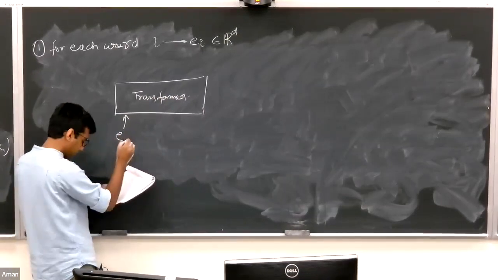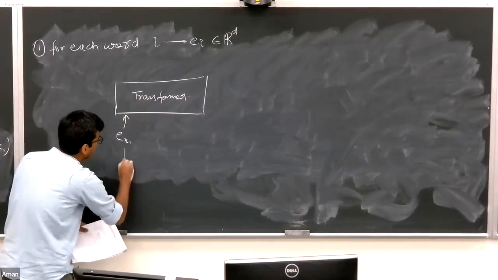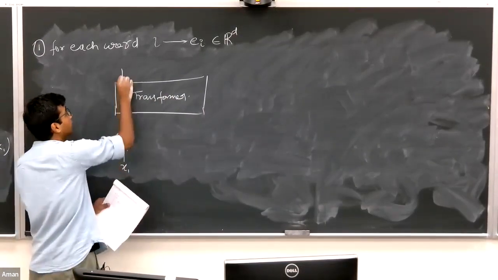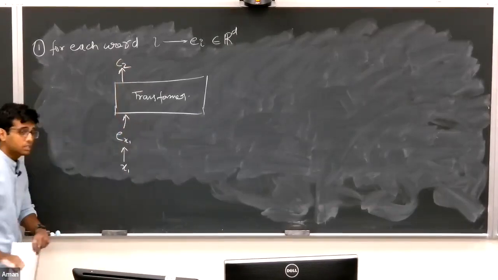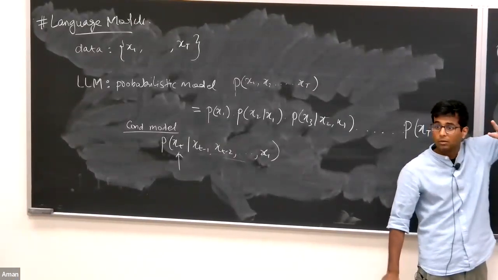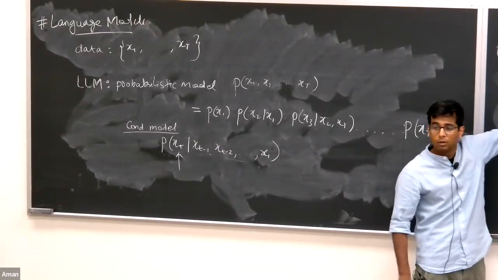So you have the first word x1, and you convert it to ex1, which is the embedding of that word. You give that to the transformer, and that gives you c2, which is what we will use to predict the probability of the second word in your sentence, right? Because it's taking in the first word and predicting the second word. Okay.